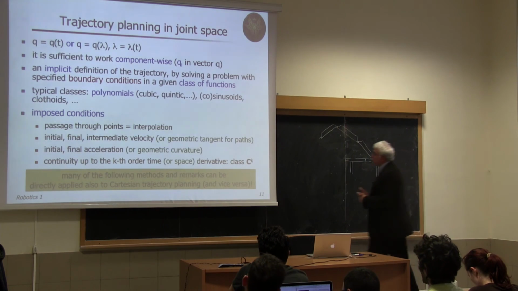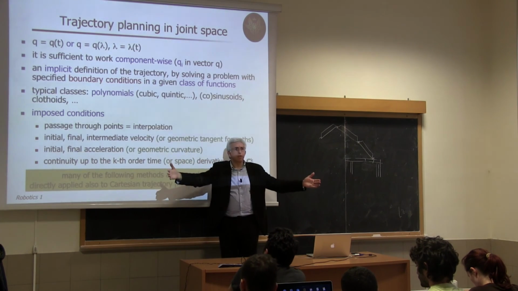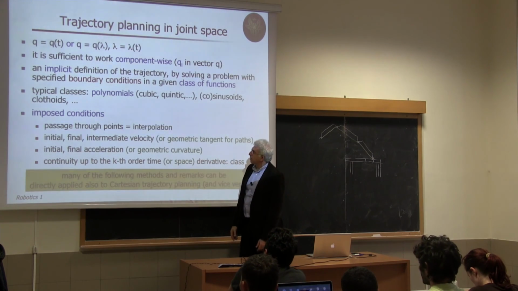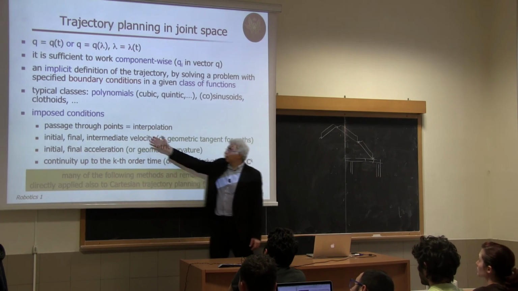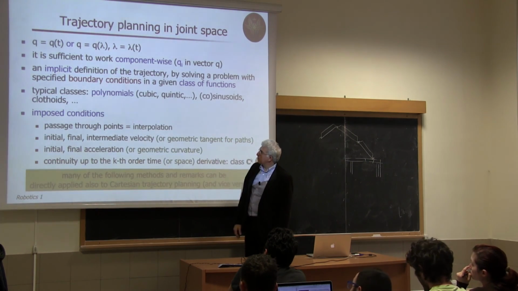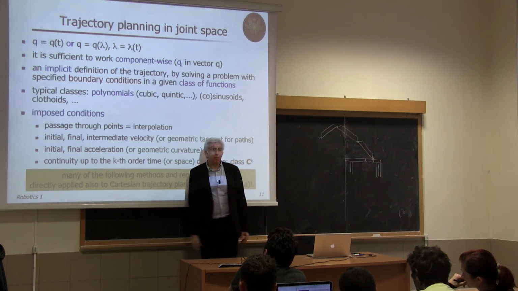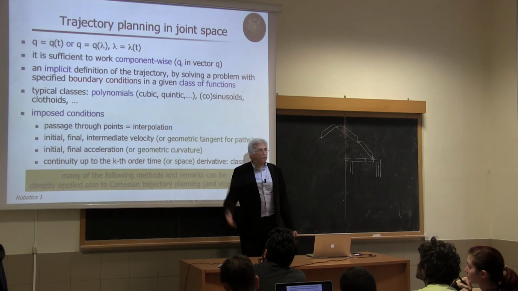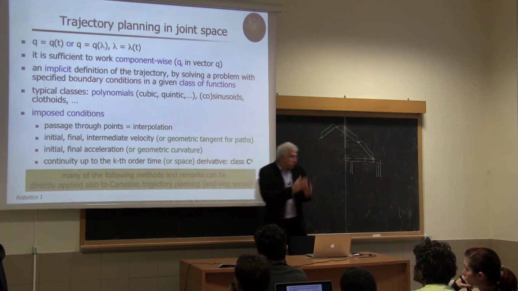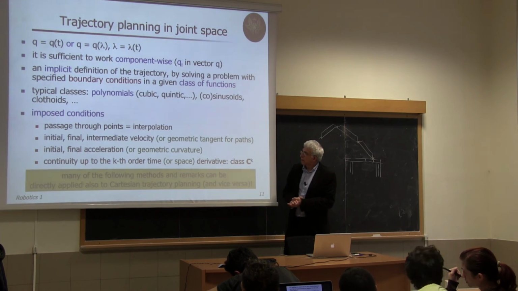So what are these conditions? They are called boundary conditions, but they are not only at the boundary of the trajectory or of the path. For instance, you can impose interpolation, so passage through given knots. You can impose some initial and final and even some intermediate velocity if you're working in time, or tangent to the path if you're working in space.